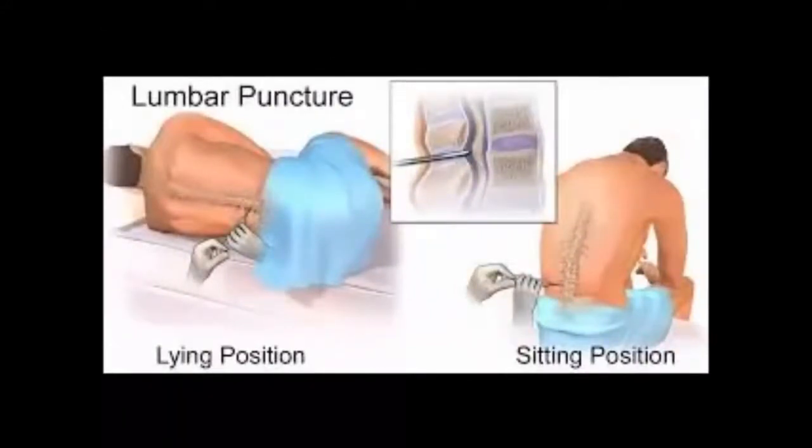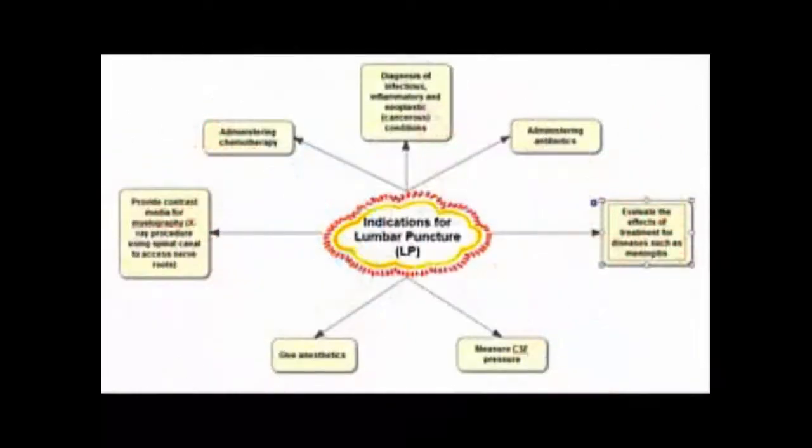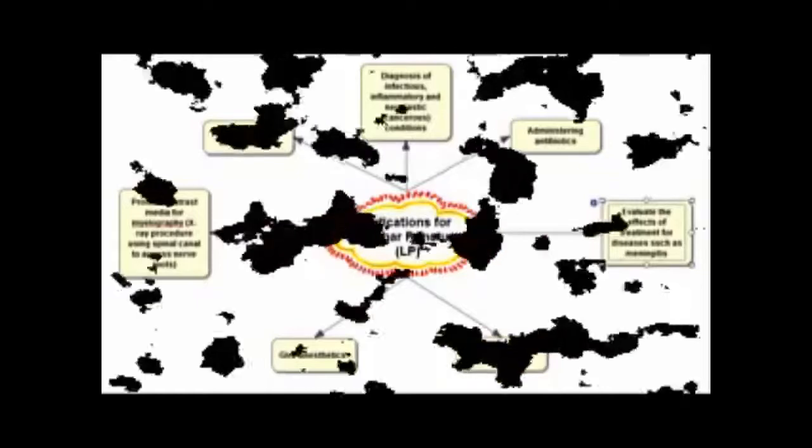The procedure is used for a variety of reasons. For diagnostic purposes, to introduce antibiotics, contrast media for myelography, or even anesthetics. Also, it can be used to administer chemotherapy, to measure cerebrospinal fluid pressure, and or to evaluate the effects of treatment for diseases such as meningitis.